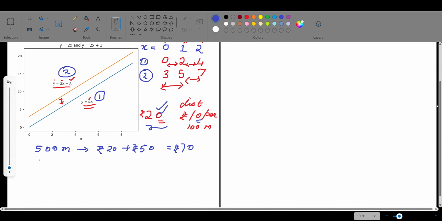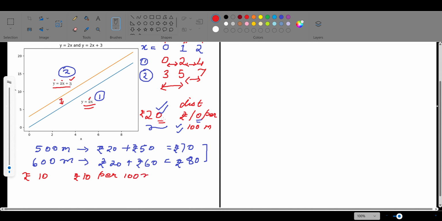So have a look at it over here too. Let's say if you went 600 meters, the total would have been rupees 20 plus 60, which is equal to 80. And you can see that the change is 10 rupees per 100 meters, which was the initial rate. Now let's say the initial cost instead of 20 rupees was 10 rupees. 10 rupees initial cost and 10 rupees per 100 meters is the distance-wise cost.